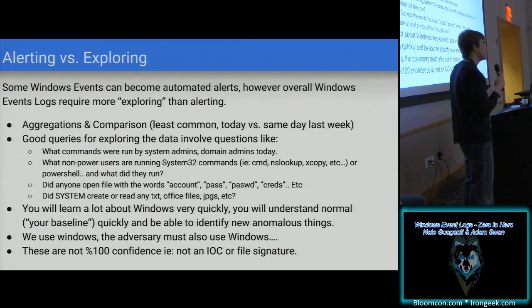So just keep in mind that this is more of a hunting sort of thing. There's not a lot of stuff that you can learn on. We're going to get into the stuff you can learn on, but a lot of it is aggregations, making comparisons of what happened today versus yesterday, or doing 30-day pools for process name and looking at all the unique samples. In the environments that we run, all of our domain admins follow a specific naming convention.